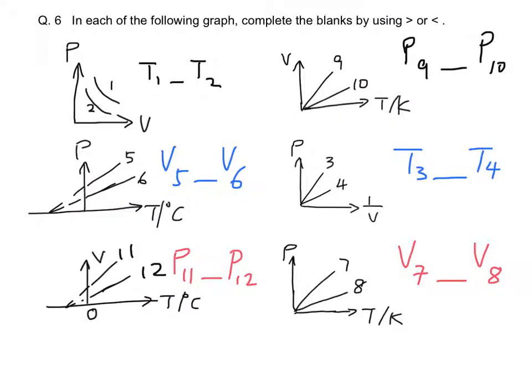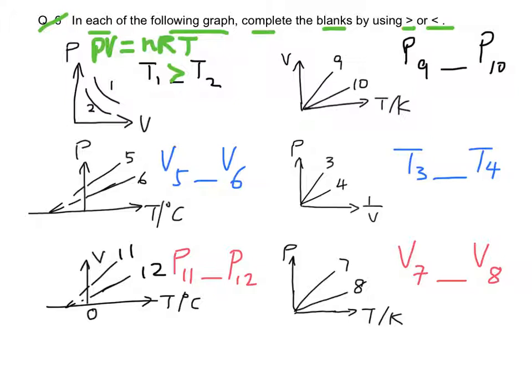For question number 6, in each of the following graphs, complete the blanks by using the greater than or smaller than symbol. For the first one, using PV equal to nRT, we say T1 is larger than T2.